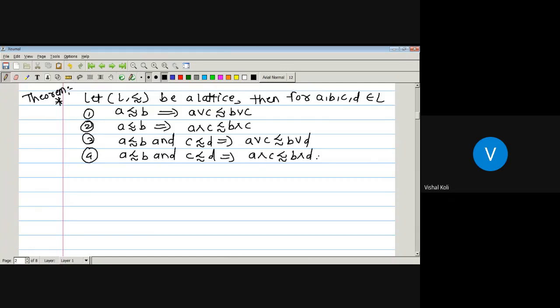Then for any four elements A, B, C, D belonging to capital L, we have to prove these four properties.